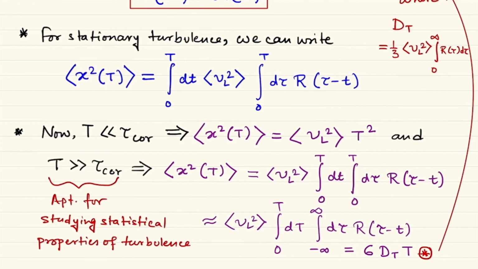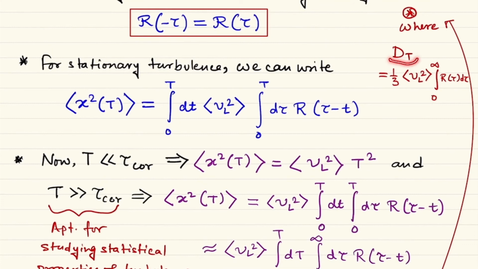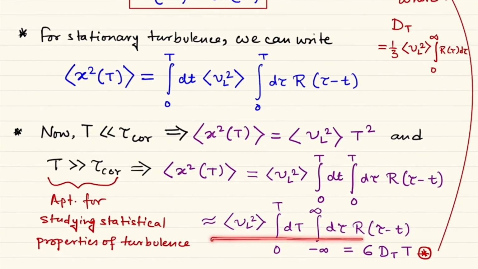So if I define a coefficient called D_T, which is equal to 1/3 <V_L^2> integration 0 to infinity r(τ) dτ, we can simply write the whole expression to be equal to 6 times D_T times t.